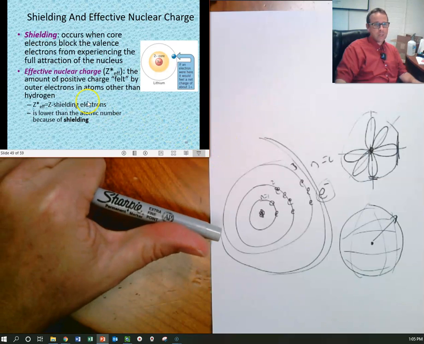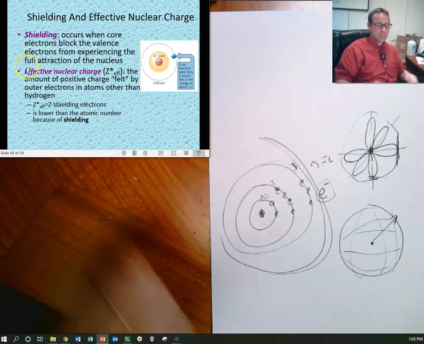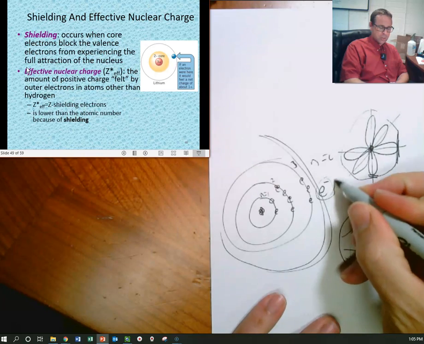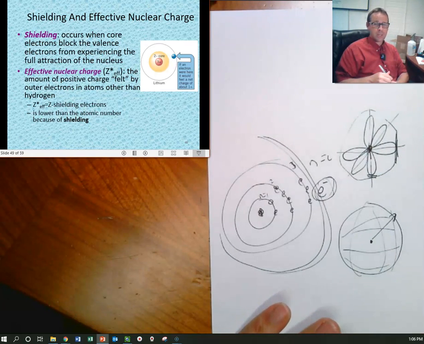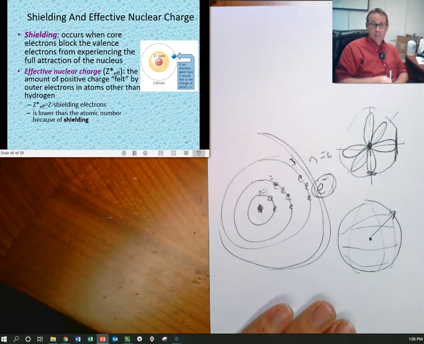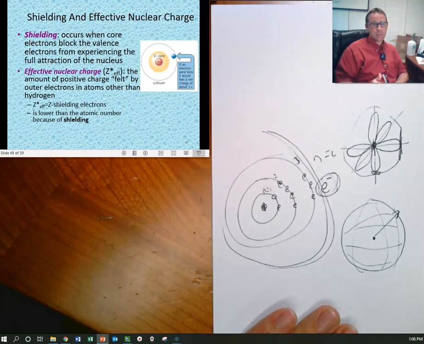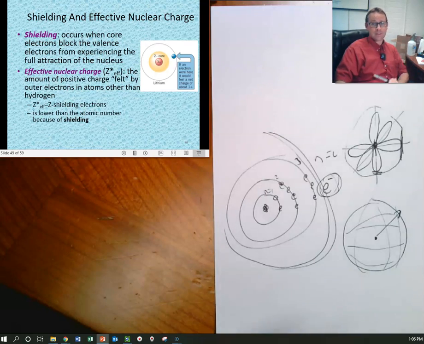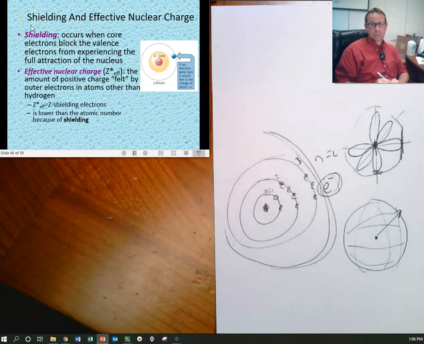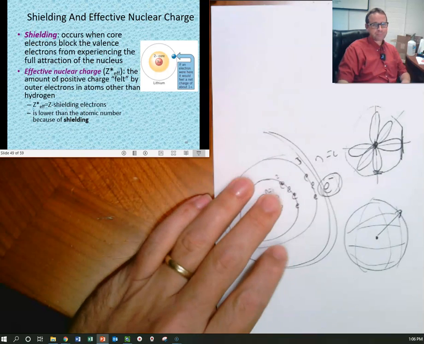So the effective nuclear charge is how much positive charge this electron is actually feeling. Now, why is it not feeling very much? Because it's far away and there's other electrons in the way. Its distance, that's its n value, and then shielding is these other electrons that are kind of in the way.